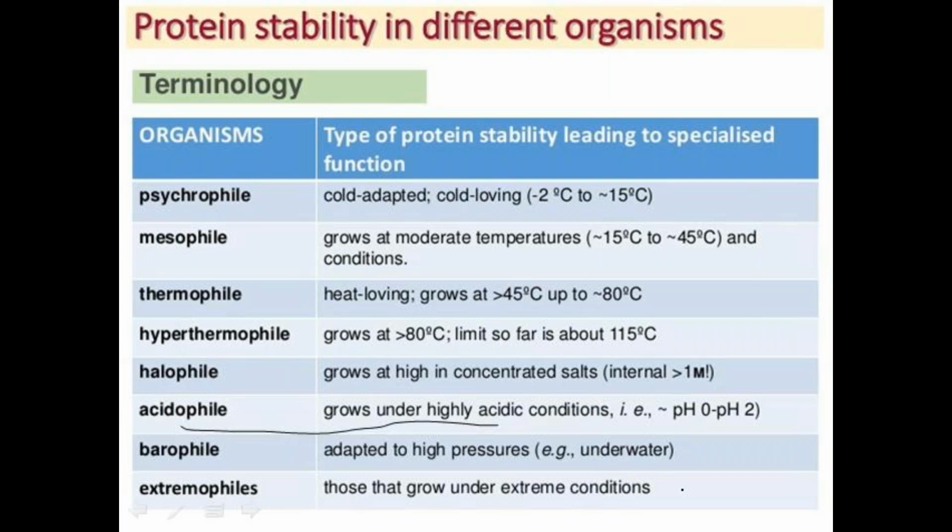Extremothermophilic organisms are present. Okay, they have to maintain their protein stability depending upon the natural conditions. Mainly the physical forces are responsible for maintaining protein stability, and that is all about protein stability.